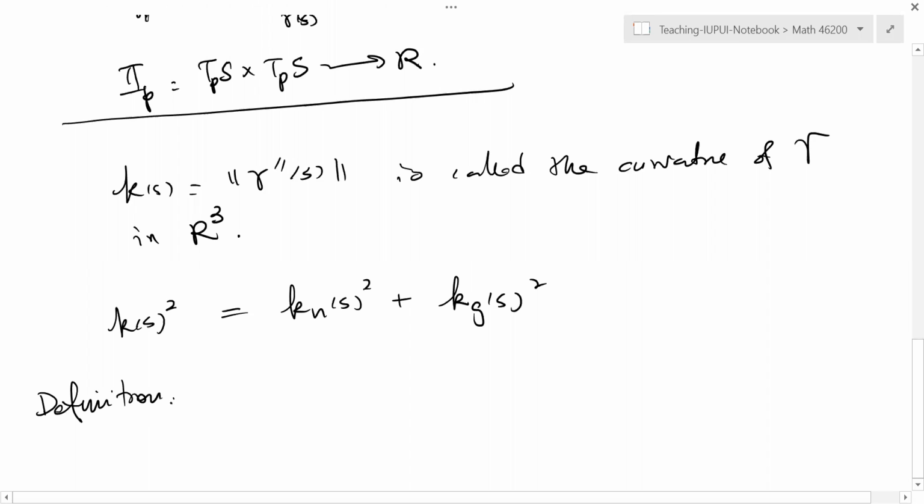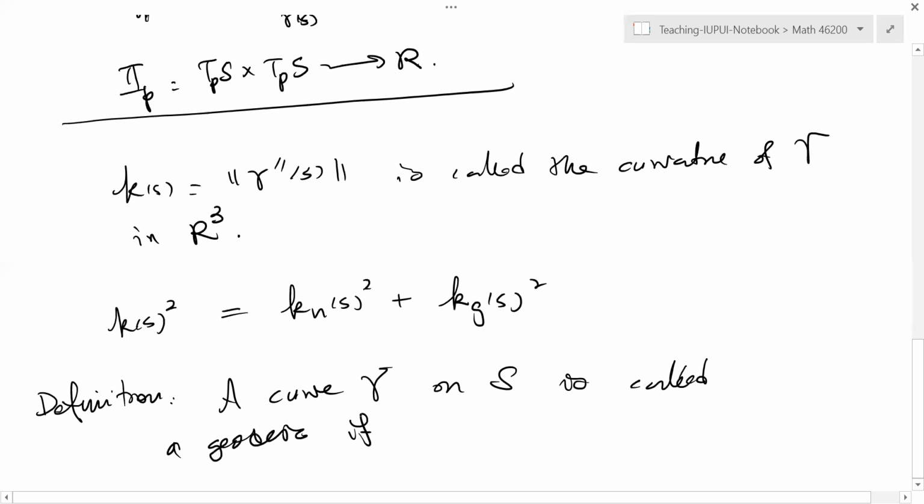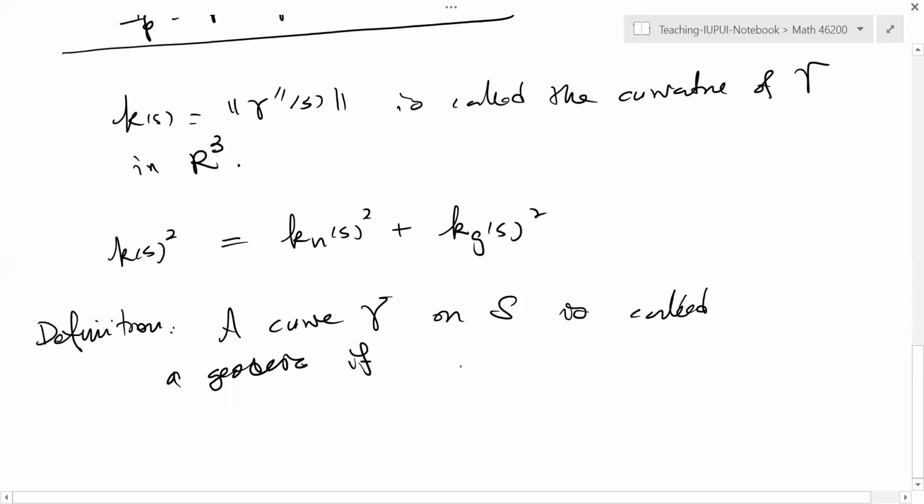All right, so here's the definition. I'm going to use the geodesic curvature to define geodesics. A unit speed curve gamma on the surface is called a geodesic if its geodesic curvature is 0.